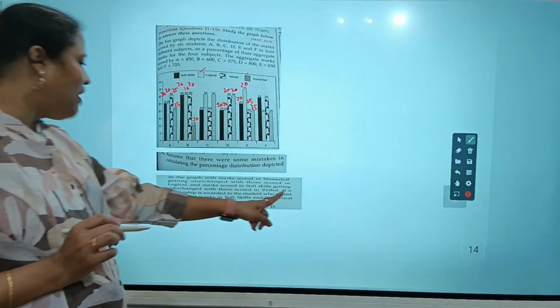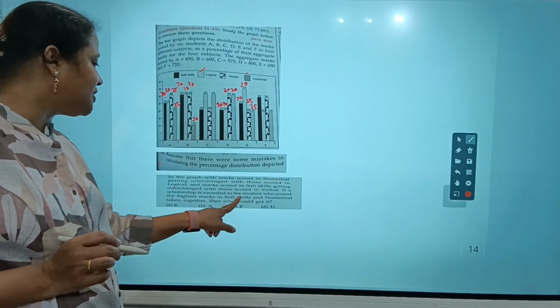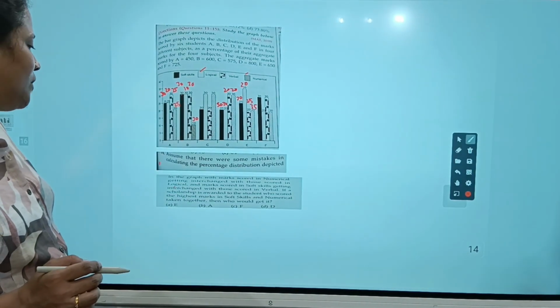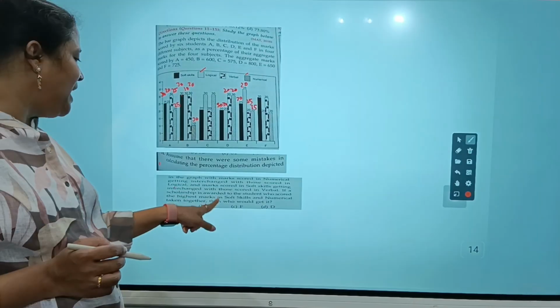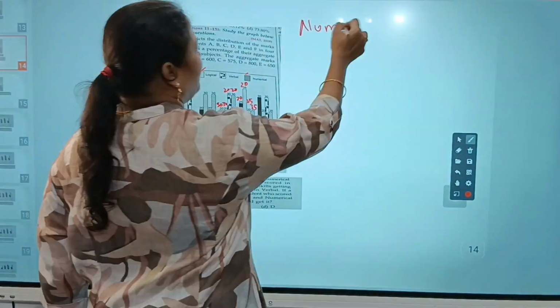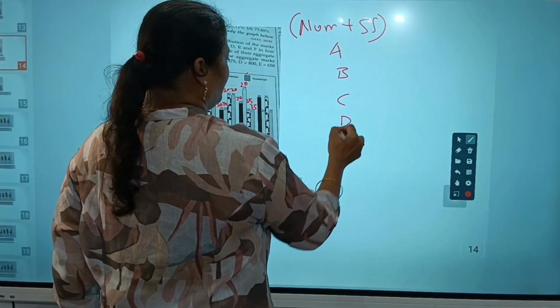Now what we have to calculate: if a scholarship is awarded to the student who scored the highest marks in soft skills and numeral taken together, then who would get it? Numeral and soft skill we have to add percentage. Numeral plus soft skill we have to add for each student: A, B, C, D, E, F.